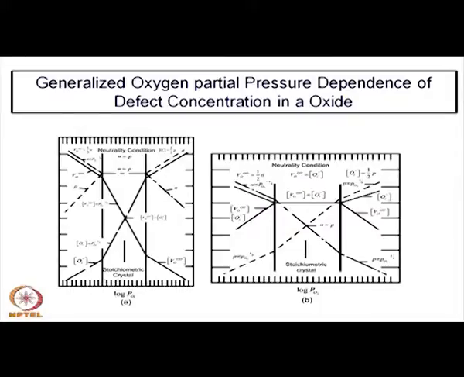In the middle range you will see either it is an n equal to p neutrality condition, or we can follow this particularly for the oxide ion conductors. This is a more suitable diagram, wherein the intermediate partial pressure range one can see the neutrality condition is V_O, that means oxygen vacancy, and oxygen interstitial.